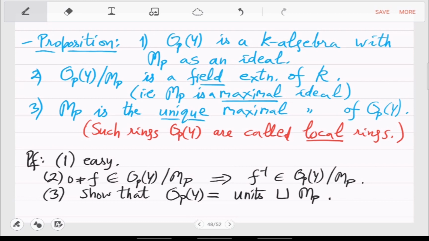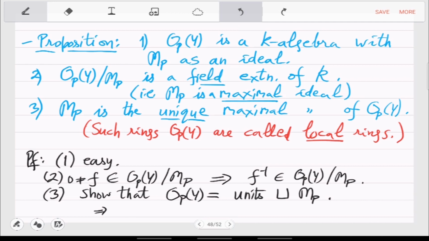It's easy to see. So any element is either a unit or it is in M_P, which means that if you take any element outside M_P, then the ideal generated by that will be everything. So this implies that M_P is unique.